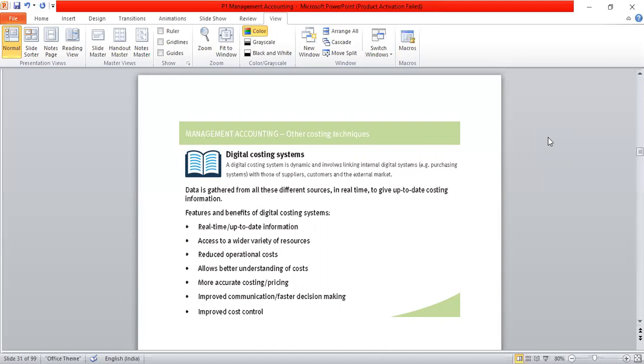There are no other overheads incurred, no wastages, no scrap, no inefficiencies. Then improved communication, faster decision making, and better cost control possibility.